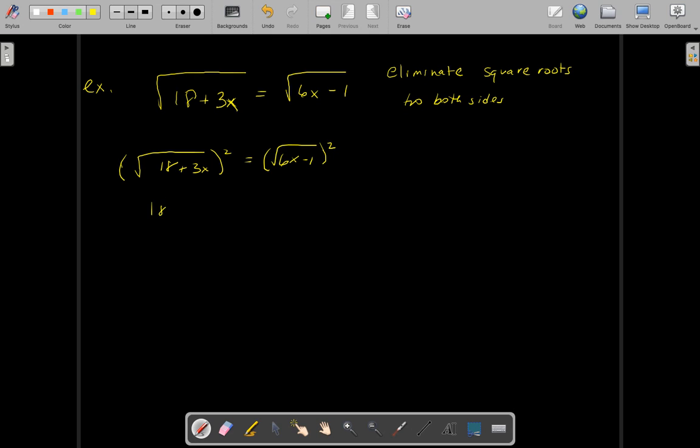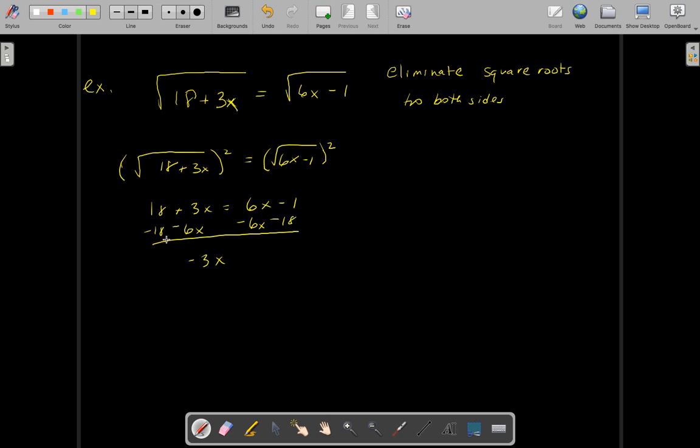Now we have 18 plus 3x equals 6x minus 1. Once we do that, we just move the x's to one side and the values to the other side. So that would go -18, and that would give us -3x.